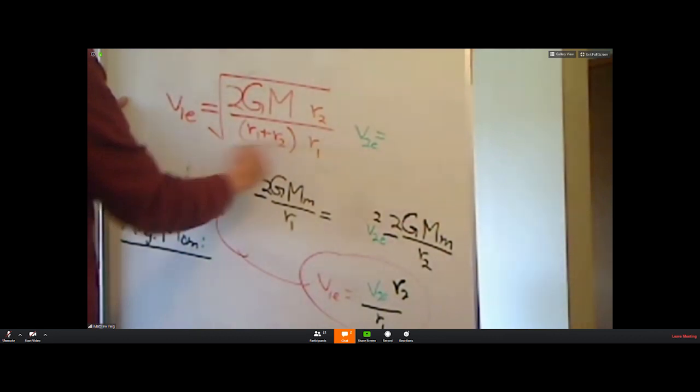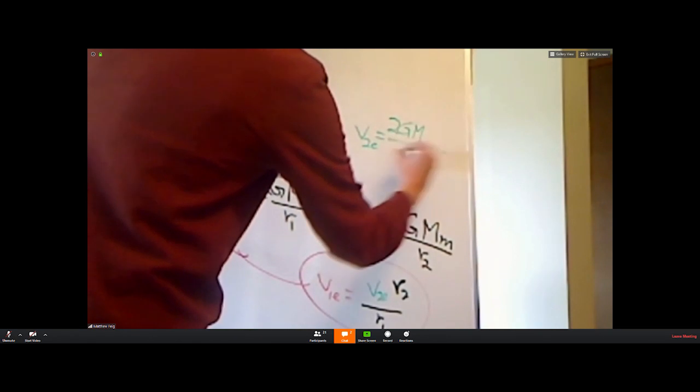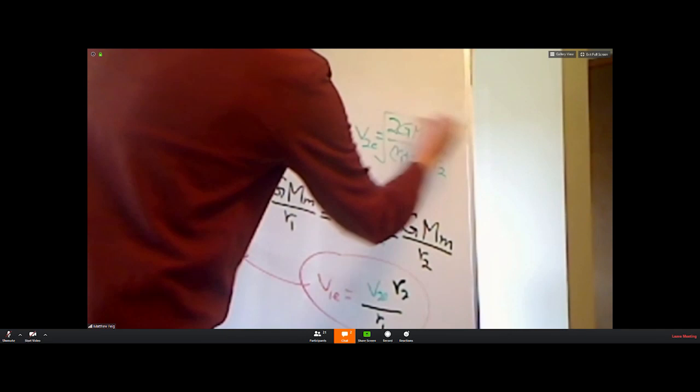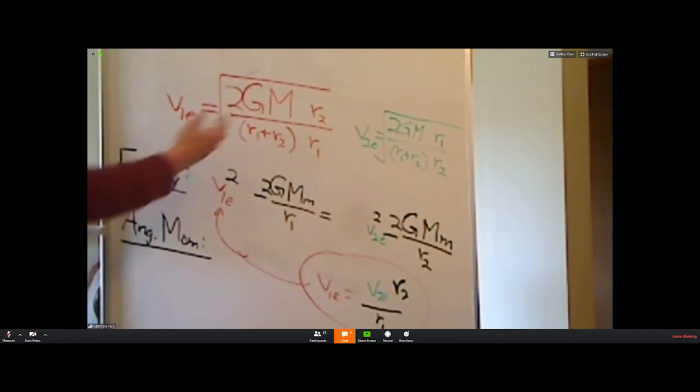Switch the numerator and denominator for the R ratio. 2GM, add them together, R1, R2. Or just take this formula and everywhere you see a 1, switch it to a 2, and everywhere you see a 2, switch it to a 1.